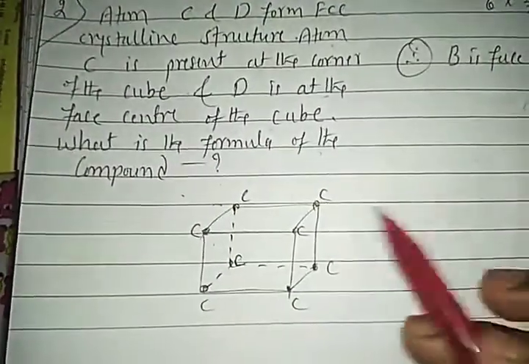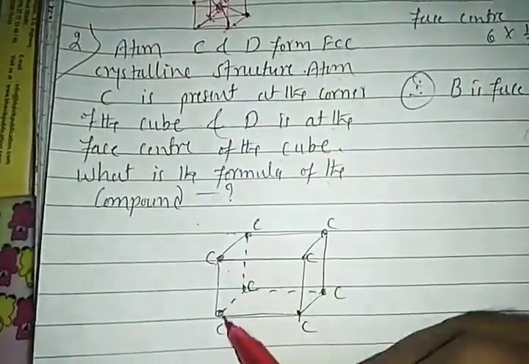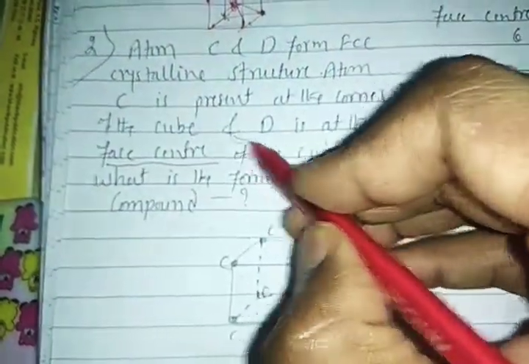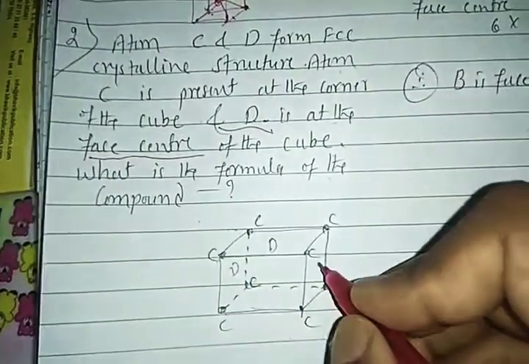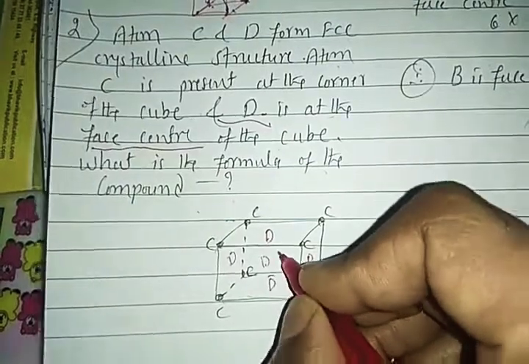Let's see. This is the C atom present at the corner. C atoms are present at the corner, D at the face center. Each face I will write here D: front side 1, back side 1.